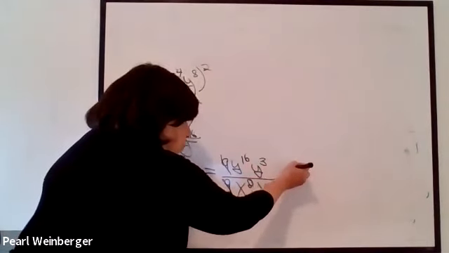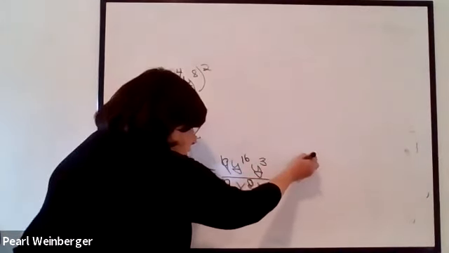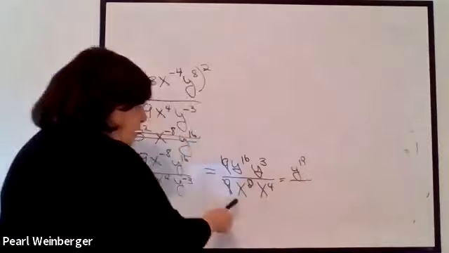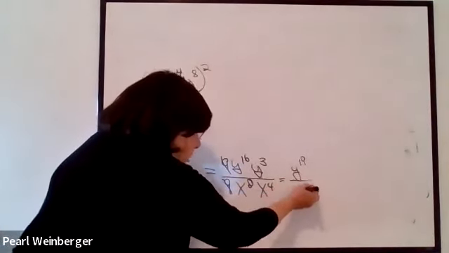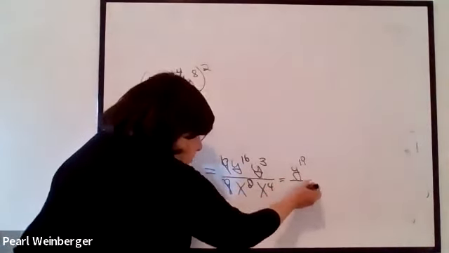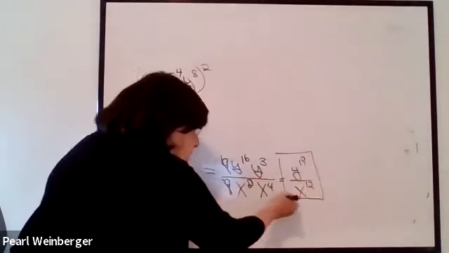That's going to give me y to the 19th. And in the denominator, I have 2 x's, x to the 8 and x to the 4, so that gives me x to the 12th. Notice there was nothing else to cancel from top to bottom because the top were all y's, the bottom were all x's. My final answer came out to y^19 over x^12.